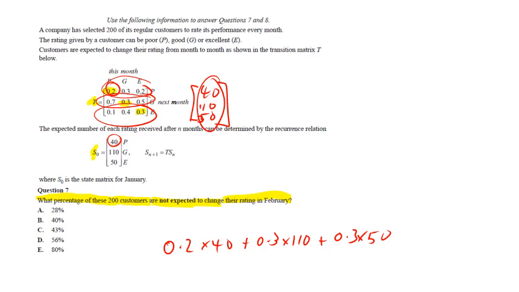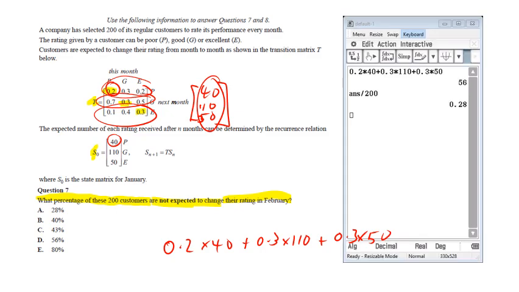And if you put all that in your calculator, you get 56. And so you might go, D. No, because remember the 200 customers, so you've got to divide by 200 to get 0.28, and then you've got to times that by 100, do that easily in your head, and get the answer A, 28%.